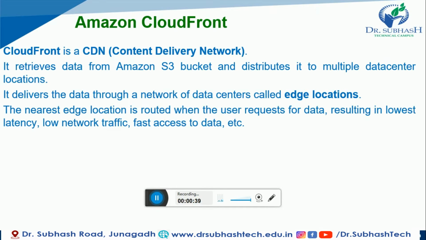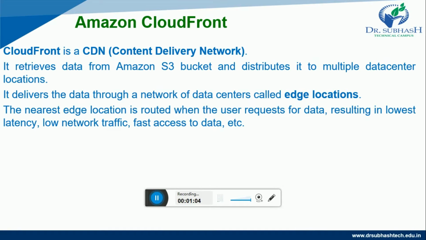It retrieves the data from Amazon S3 bucket and distributes it to multiple data center locations. It also delivers the data through a network of data centers called edge locations. The nearest edge location is routed when the user requests for data, resulting in lowest latency, low network traffic, and fast access to the data.